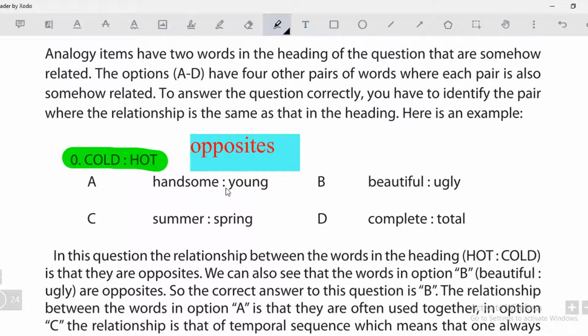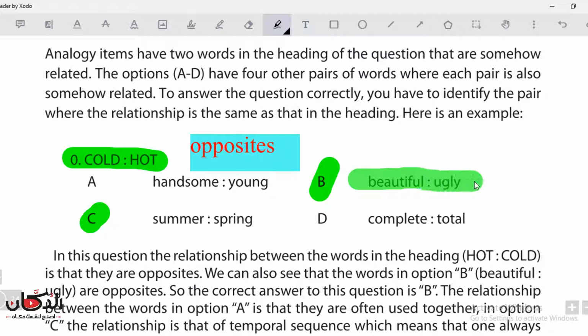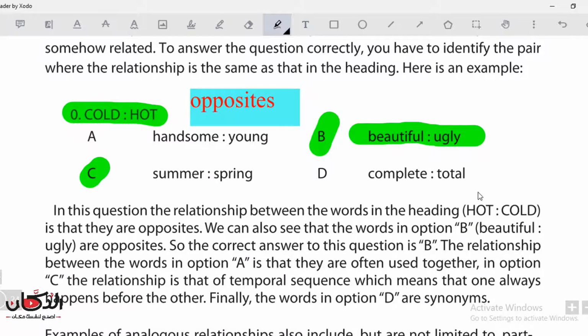Handsome and young, no, they are not opposites. Beautiful and ugly, yeah, maybe. What about summer and spring? They are related but not opposites. Complete and total, no, they are not opposites at all. So we are just thinking between B and C, but B is much closer to this relationship. They are opposites.